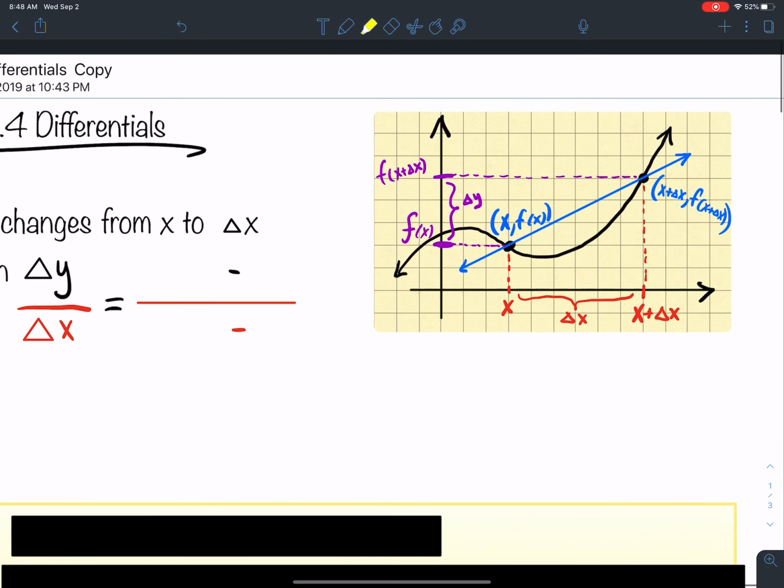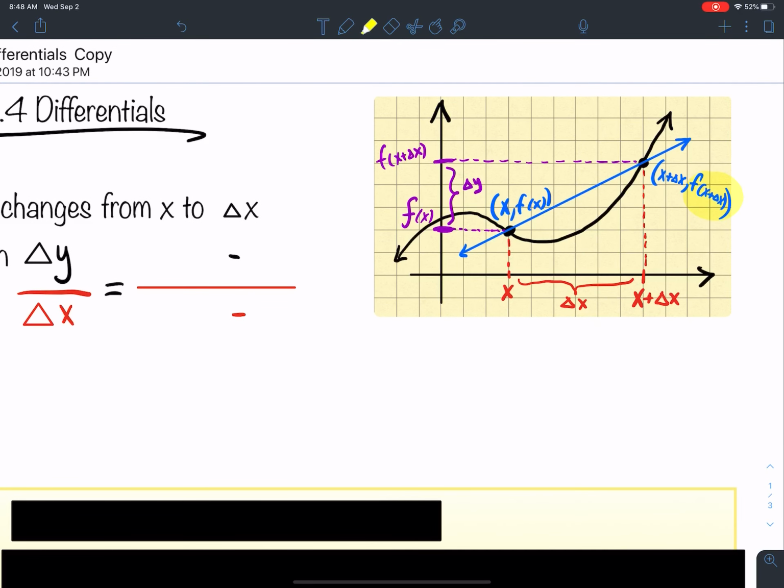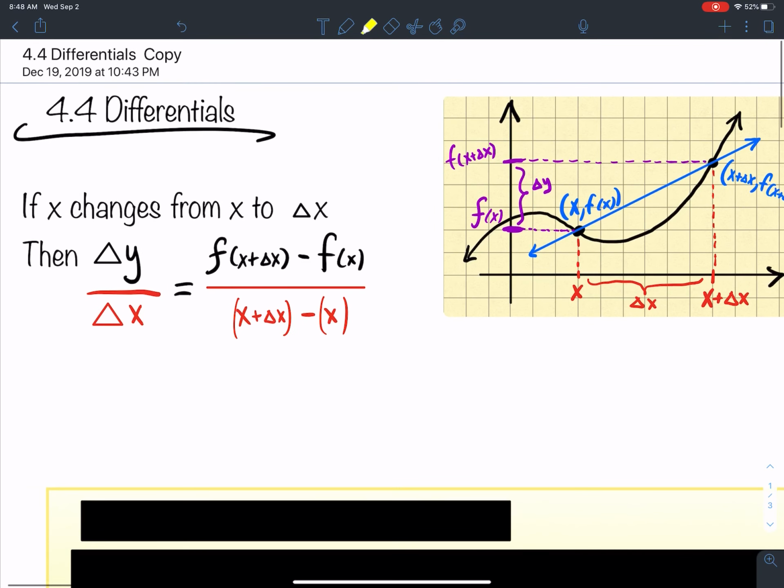Okay? So to find slope, I do y2 minus y1 over x2 minus x1. So the change in y divided by the change in x. Okay? If I simplify the denominator, x minus x cancels, and all I have left is delta x in the denominator.